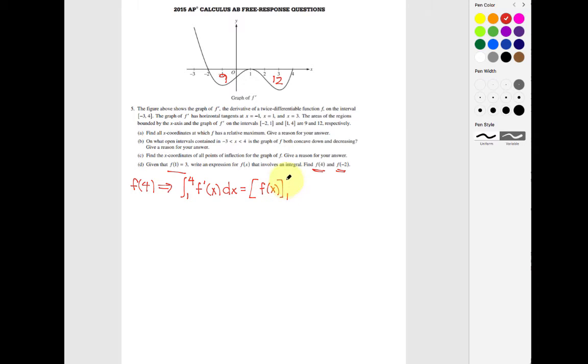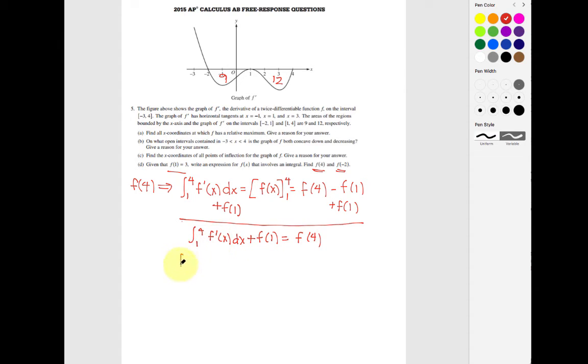I'm evaluating that between 1 and 4. So I have f of 4 minus f of 1. I want to solve for f of 4, so I'm going to add f of 1 to both sides. That leaves me with the integral from 1 to 4 of f prime of x dx plus f of 1 is equal to f of 4.